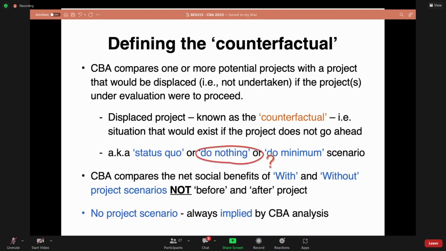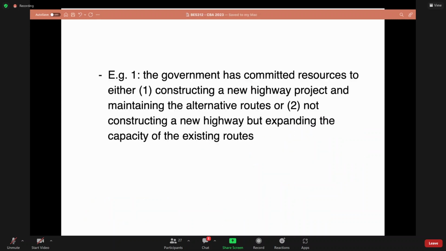Now, this idea of doing nothing might not always be the case. For instance, say the government has money and resources.